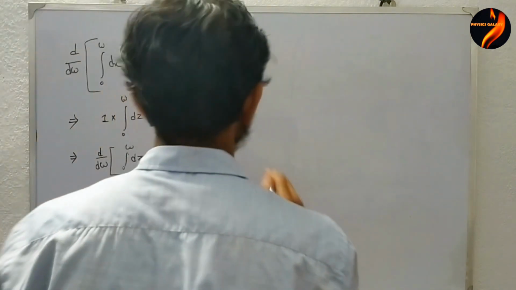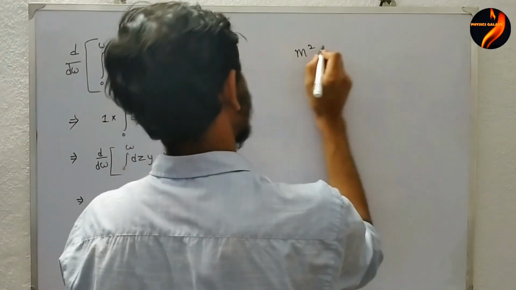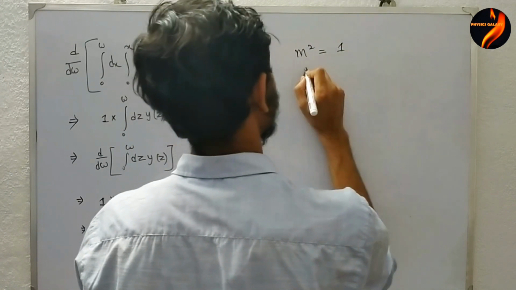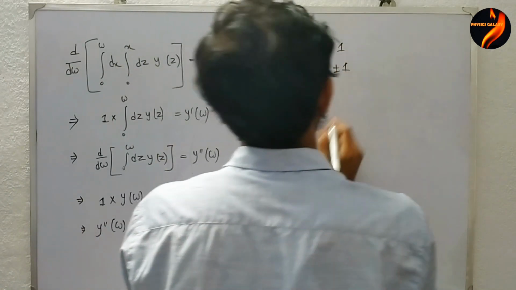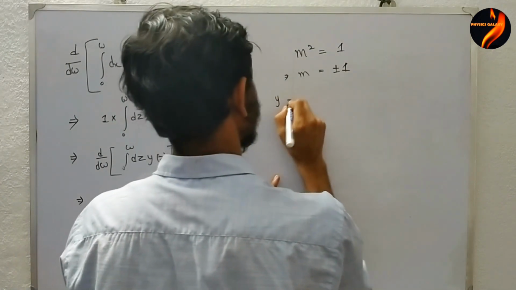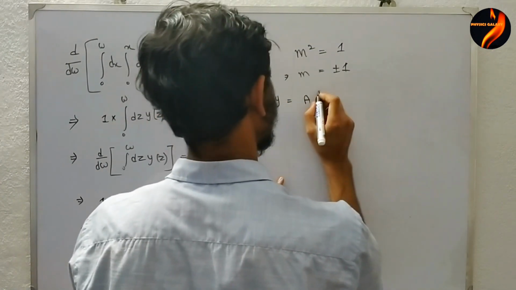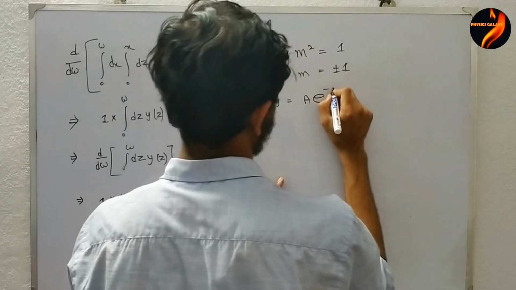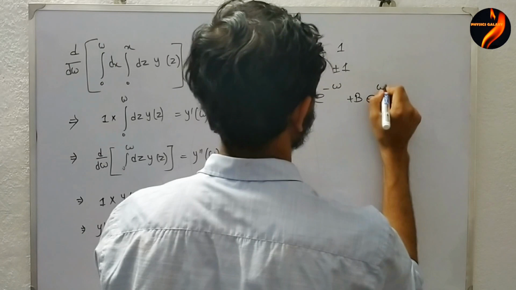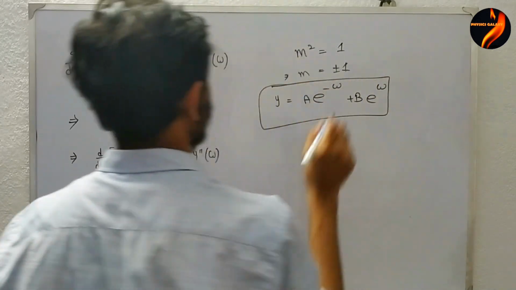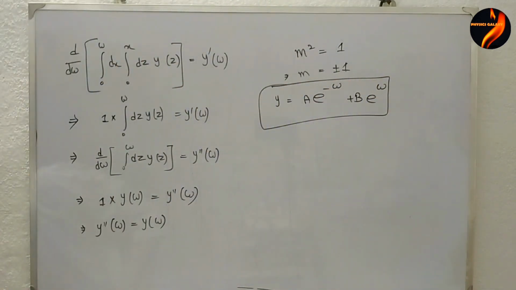Now the auxiliary equation is x square equal to 1, so the general solution is y equal to some constant a multiplied by e to the power minus omega plus b into e to the power omega. So this is the solution.